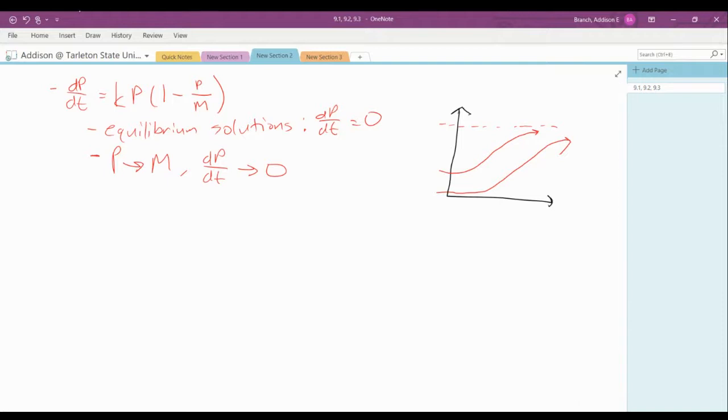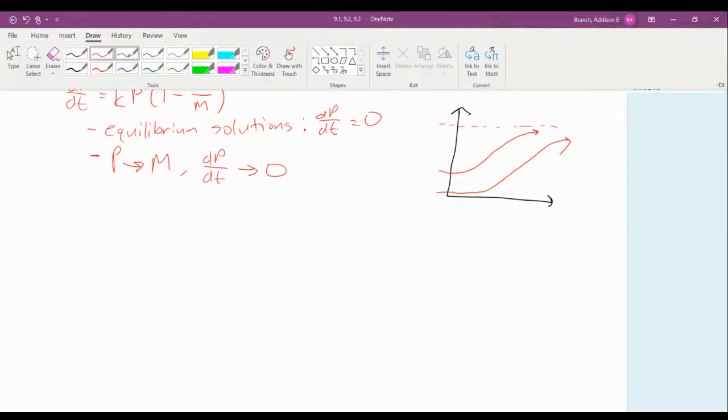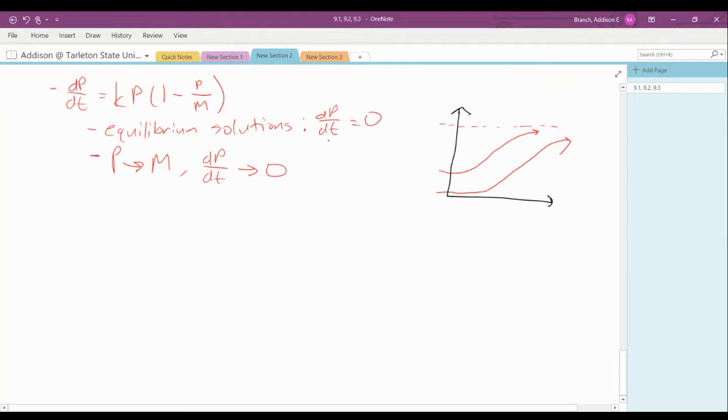So now let's go back to these equilibrium solutions. There's going to be two places where we'll have equilibrium solutions. Our first one is when P equals 0. If we plug that into our logistic model, that's going to get us an answer of 0. That also makes sense because if we have no population, then we can't grow something that doesn't exist.